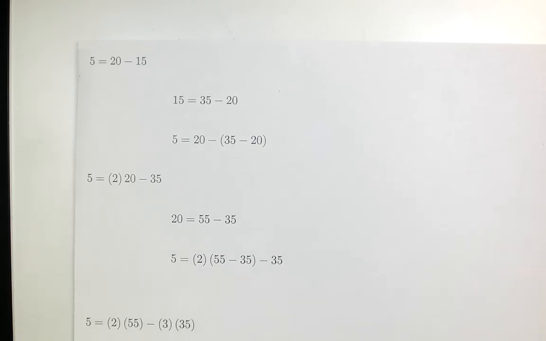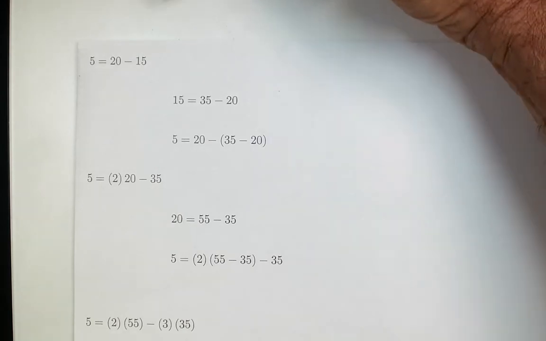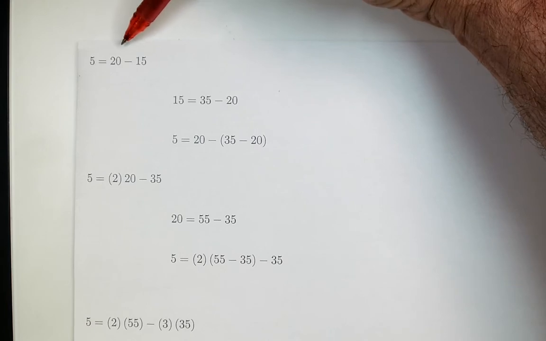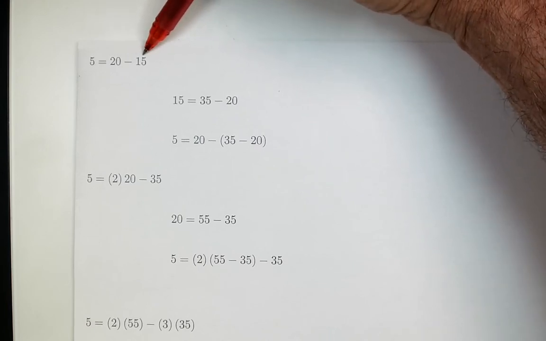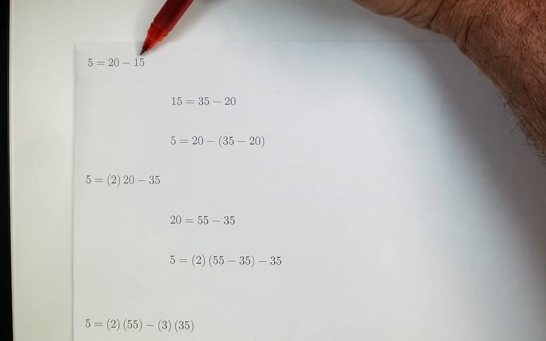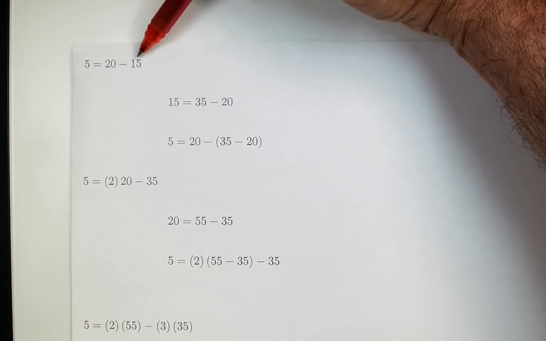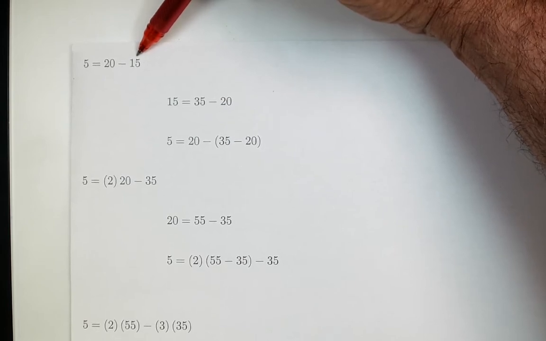Now next, we use equation 2 to express the smaller of the two divisors, in this case 15, in terms of its two immediate predecessors.